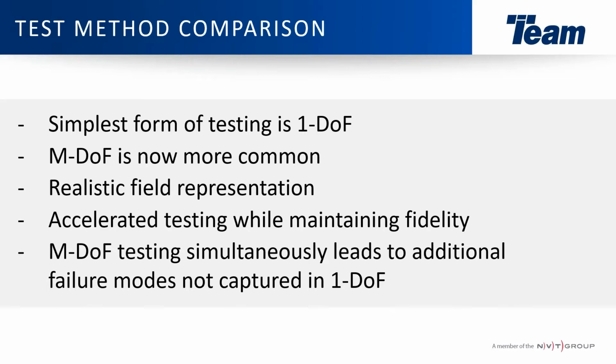It's what your products are actually seeing out in the field. It could lead to accelerated testing while maintaining the fidelity of your tests. But really, we want to talk about how multi-degree of freedom testing simultaneously leads to additional failure modes not captured in the one DOF world.